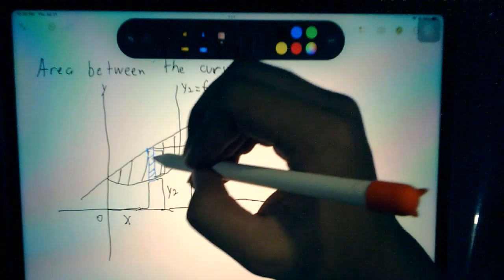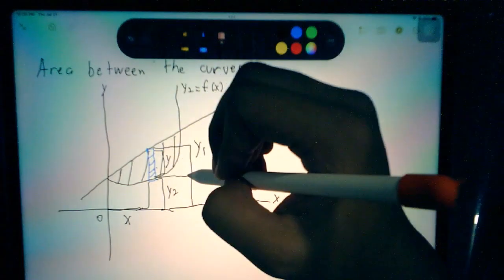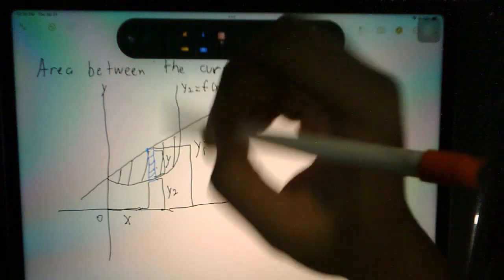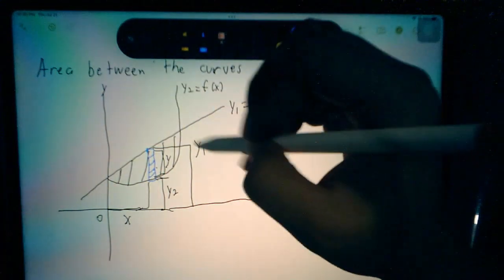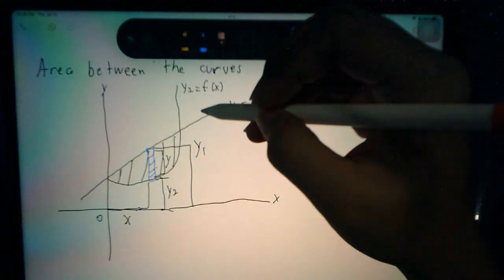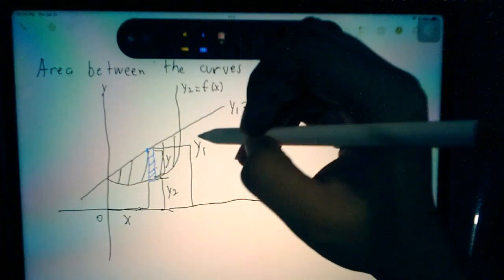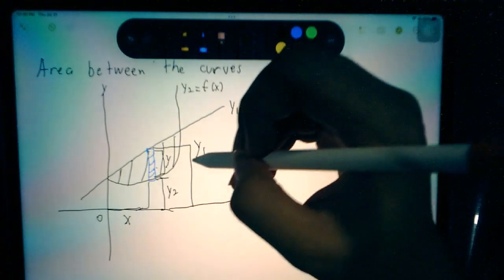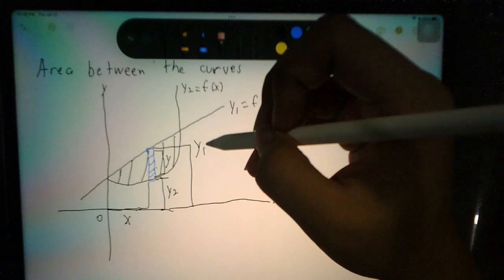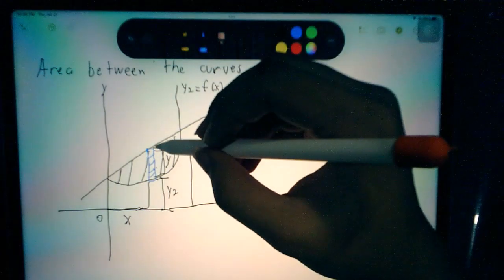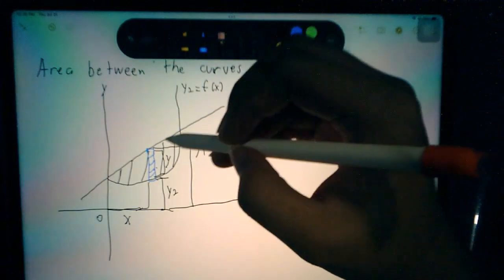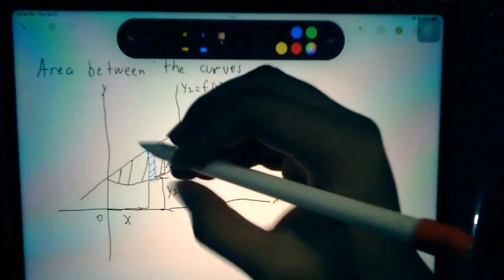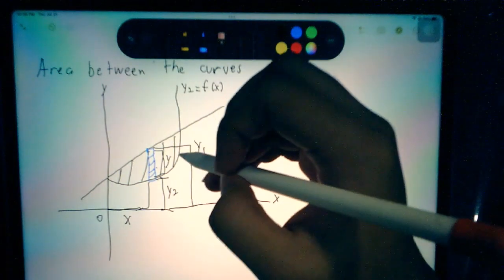The area here is just the difference between the two lines. By doing the difference, we must put the bigger curve minus the lower curve.